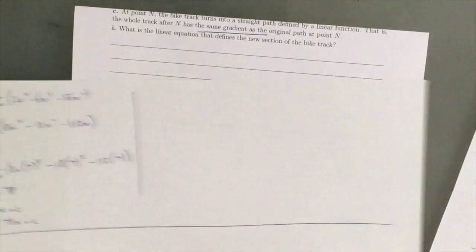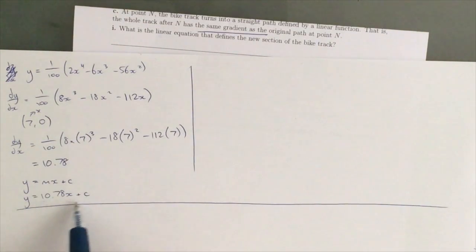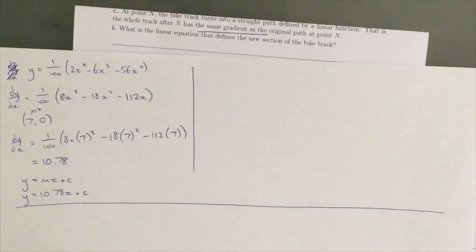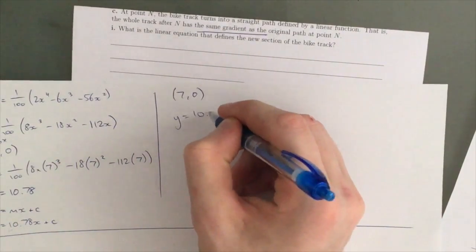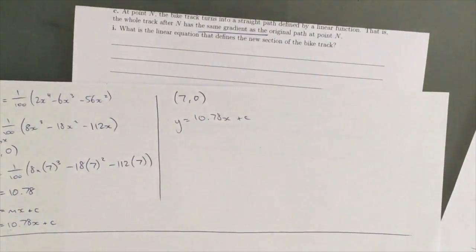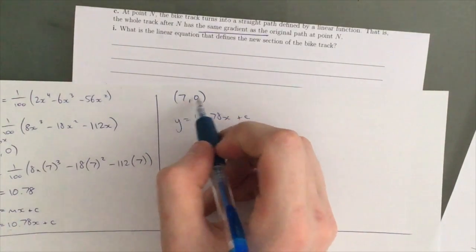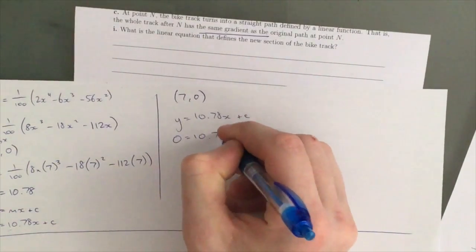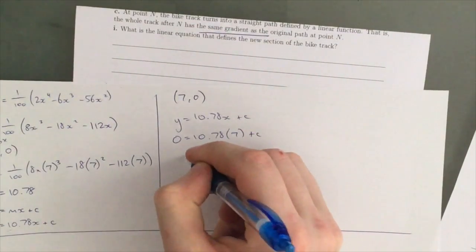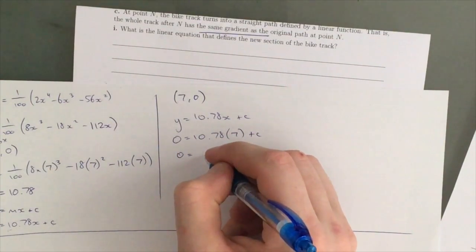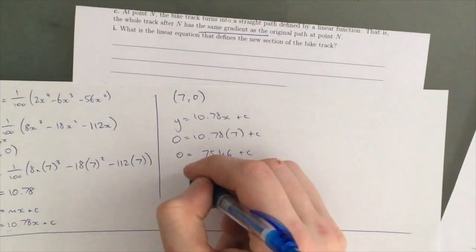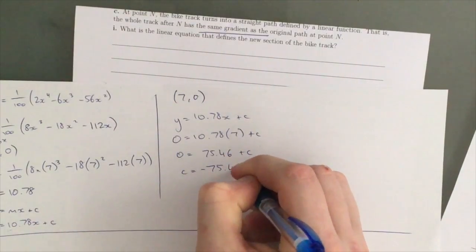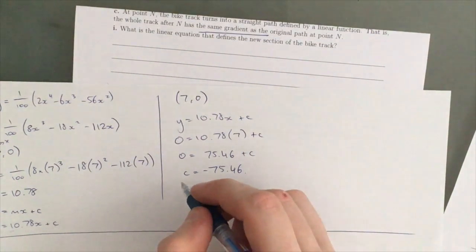So we now know what our first look at our function is, I guess. And we know that there's, again, a point at (7, 0), and we know that our first graph is here, and x is 7, y is 0, which means we just sub these in, plus c, and what we get is 0 equals 75.46 plus c, which means c equals negative 75.46, and we have our equation.